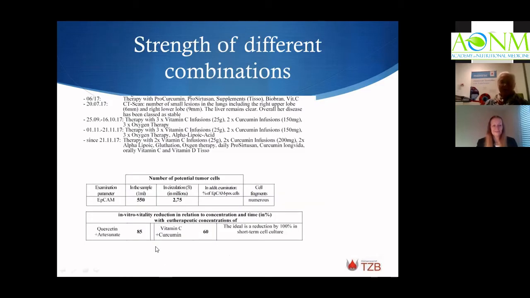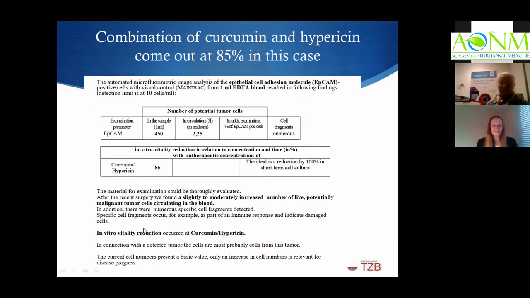Here is a combination, and here you can see that sometimes the combination is not better than the single substances, but here the combination was highly effective. Another combination, curcumin and hypericin, which showed to be very effective.